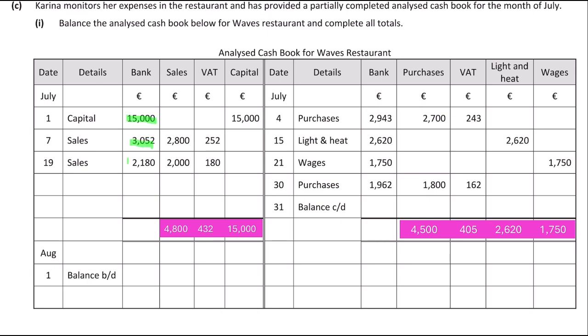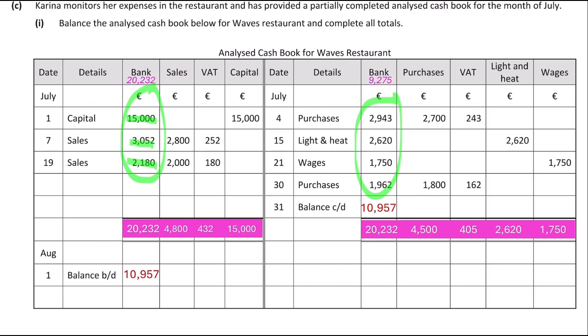We need to say to ourselves, how much is this bank column and how much is that bank column? On the debit side, the left hand side, it is 20,232, and on the right hand side it is 9,275.